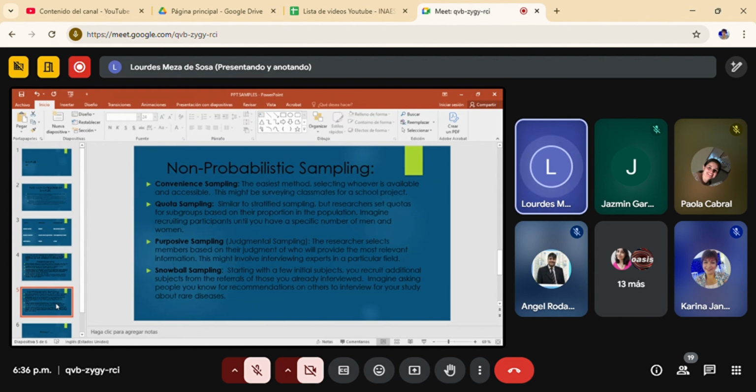So let's say I take 10 people, I ask 10 of you to give me your opinion, but then I ask you to give me 10 other names of different people in order to interview. And so that would be the snowball sampling. Why is it a snowball? Because I start with 10, and out of 10, I already got 100, because each of you will give me 10 more. Is that clear?